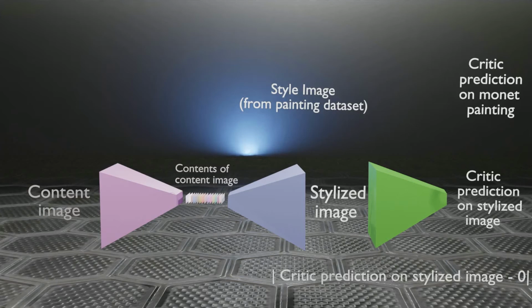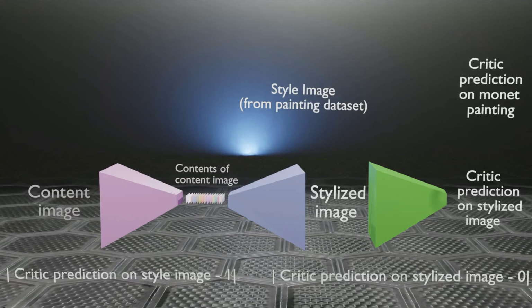Similarly, the loss on Monet or style image prediction would be this, which in simple terms means how far away your prediction was from the desired result. The desired result here is 1 because we want the critic to output 1 whenever it sees a Monet or a style image. These two losses are individual losses for prediction on style image and stylized image.